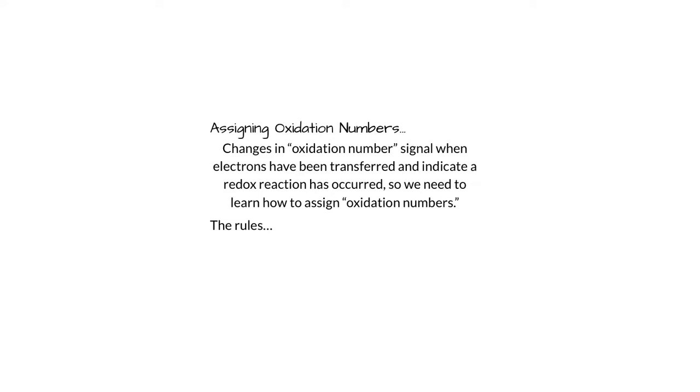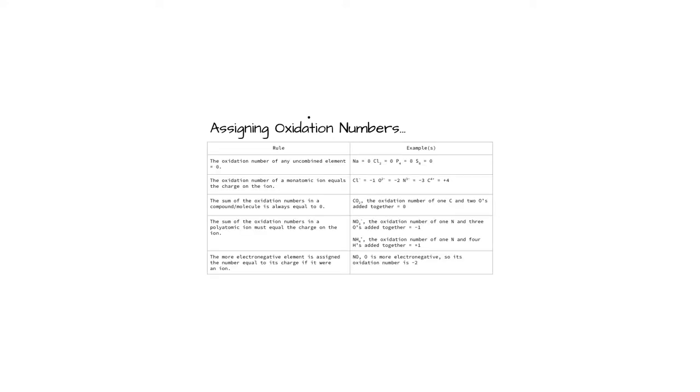So the rules. The rules are, if there is an element that is uncombined, so it is monatomic or naturally diatomic, then it gets assigned an oxidation number of 0. For example, monatomic sodium would get an oxidation number of 0.